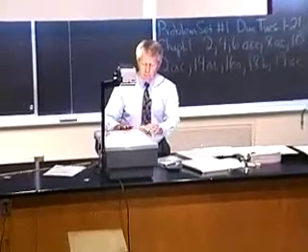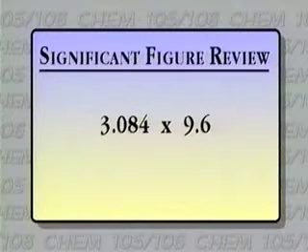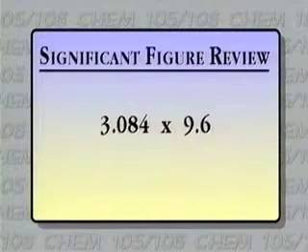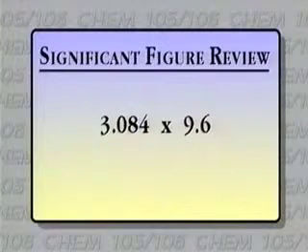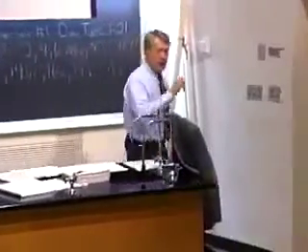It asks us to multiply 3.084 times 9.6. So we take the calculator and we punch in our two numbers. So 9.6, whoops, I have a 4 in there. 9.6 times 3.084.